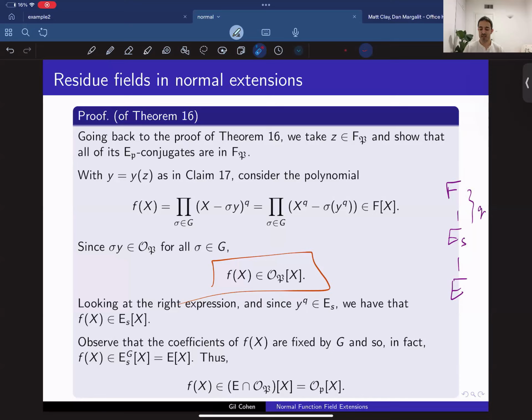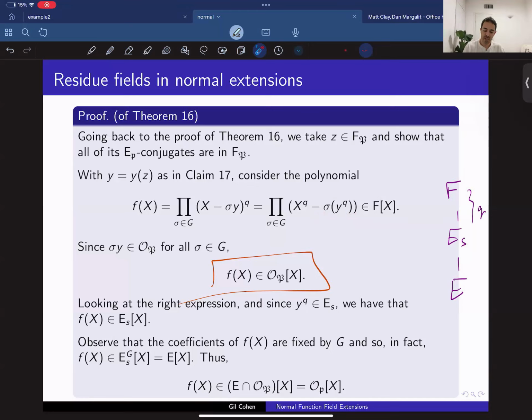And now the other roots there are sigma of this y to the q. And sigma of y to the q also has this same minimal polynomial. It still doesn't have repeated roots. So anyhow, what I'm saying is that all of these elements, conjugates of separable elements, are separable elements. So this thing is also in E_S.